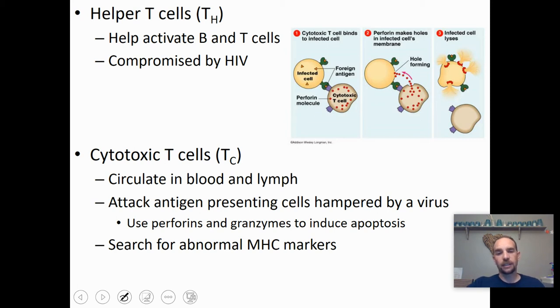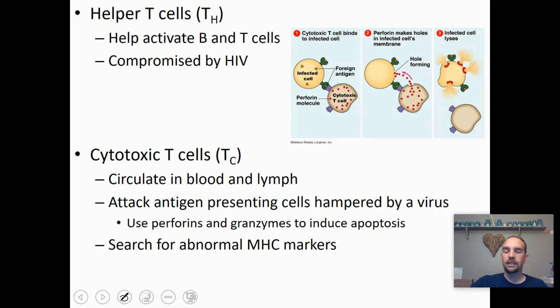Now, our cytotoxic T cells, they are the ones that work very, very similar to natural killer cells. They do almost the same thing, only they're larger and they go after our own cells that have this viral infection that our natural killer cells really can't take care of. So they're almost the same type of cells. And what they will do is they'll attack what are called antigen-presenting cells.